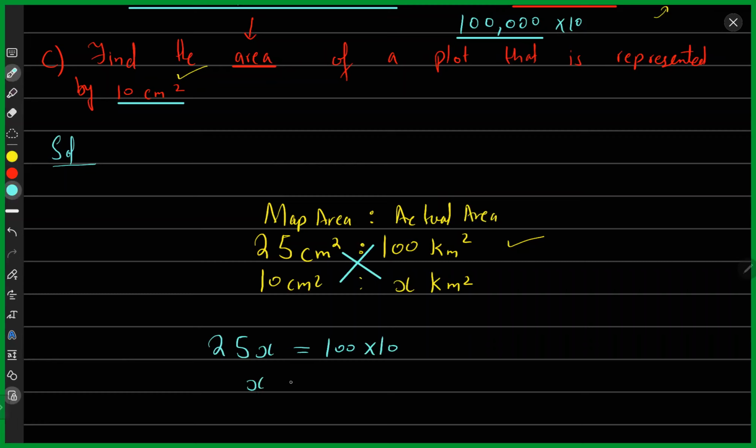This way I would get 1000 divided by 25, and you need to do it without a calculator because obviously this would come in paper 1. I'm telling you again and again, these types of questions would most of the time come in paper 1, and yes, certainly they can come in paper 2 as well. Anyways, we need to cancel that, and this would give you 1 times and 4 times. And 25. 40. Yes, very good. 40. Excellent. Well done. So it would be 40 kilometer squared.